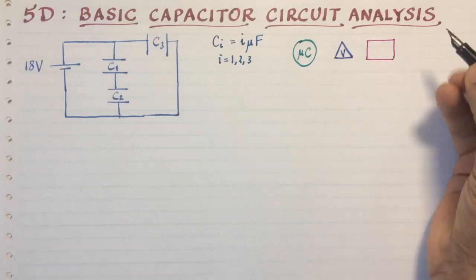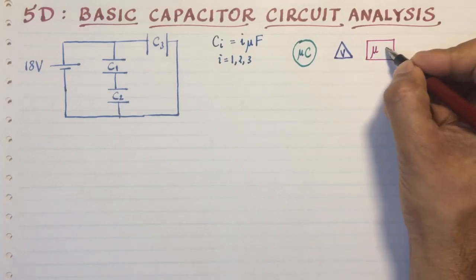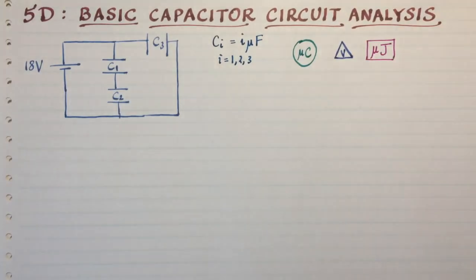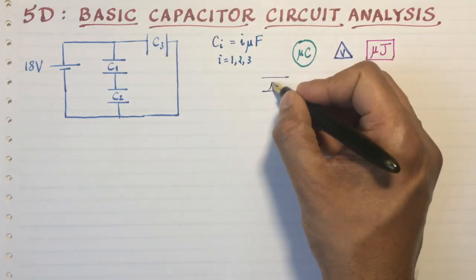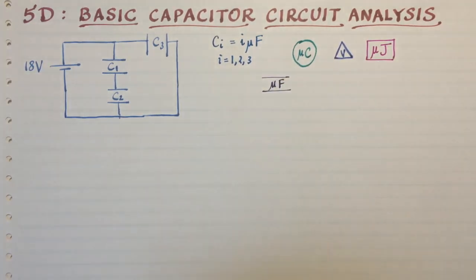For that, I will put a square symbol, and anytime I put a square symbol, the units are in microjoules. And the capacitor itself is a parallel plate capacitor. So when I put a parallel plate capacitor with a value between the plates, that value is automatically in microfarads. So that's the basic diagrammatic scheme I'm going to be using.